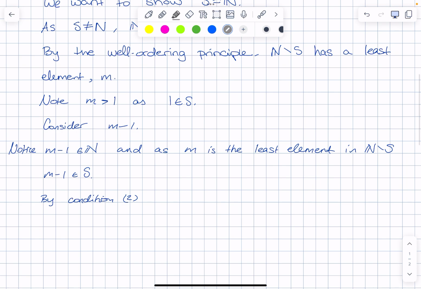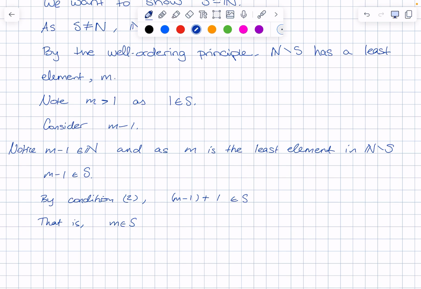Okay. So what does condition 2 give us? If there's something in S, then that thing plus 1 is also in S. So if M minus 1 is in S, then M minus 1 plus 1 is also in S. That is, our element M is in our set S. And this is a contradiction.